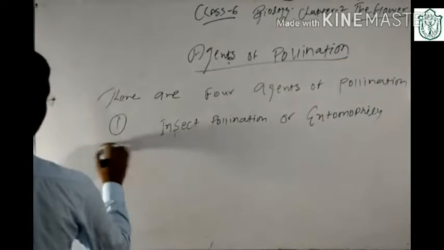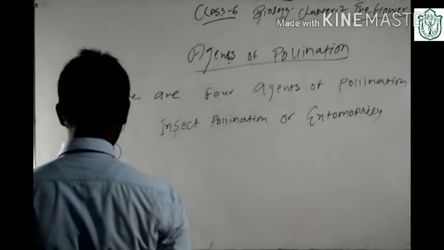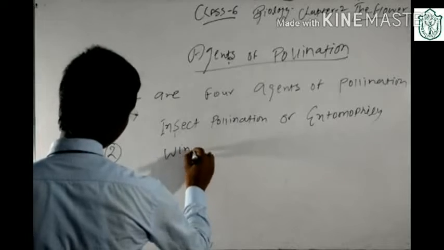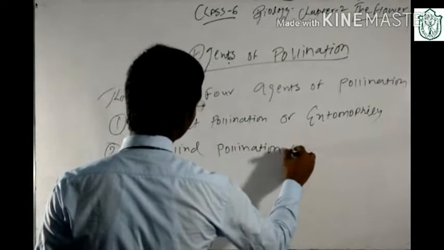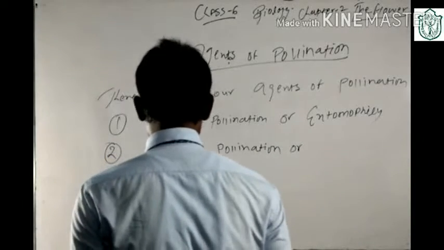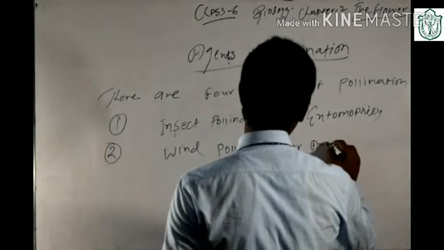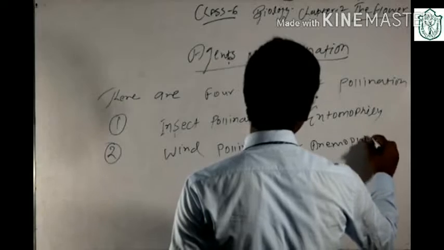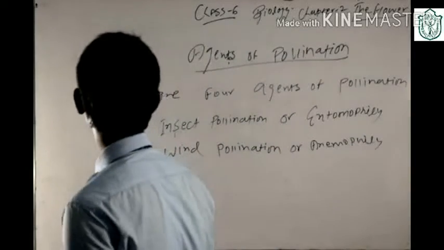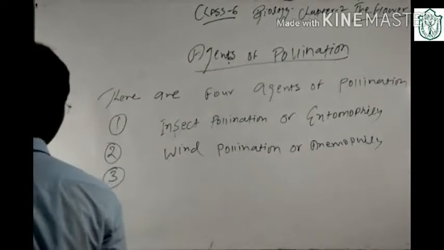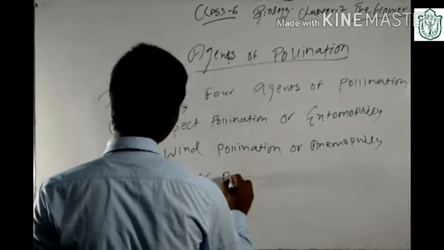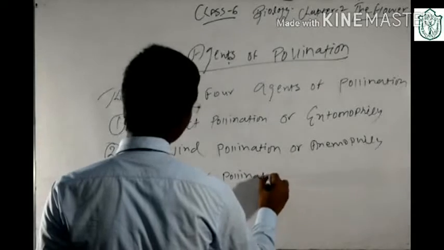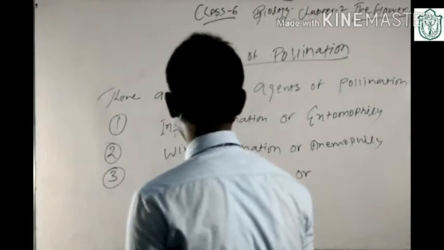Number two is wind pollination, or anemophily. Number three is water pollination, or hydrophily.